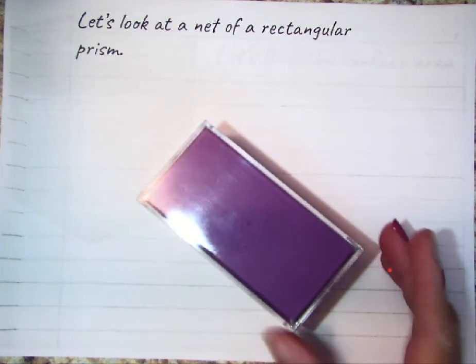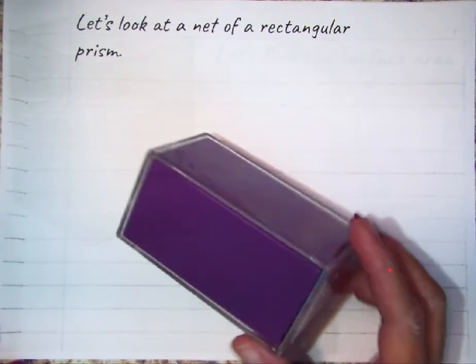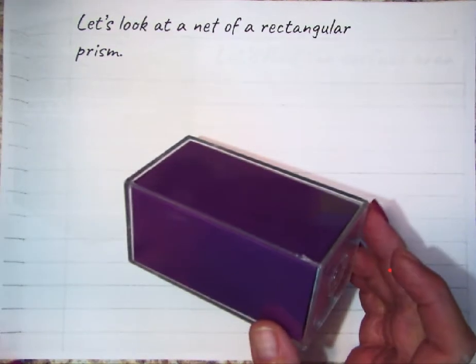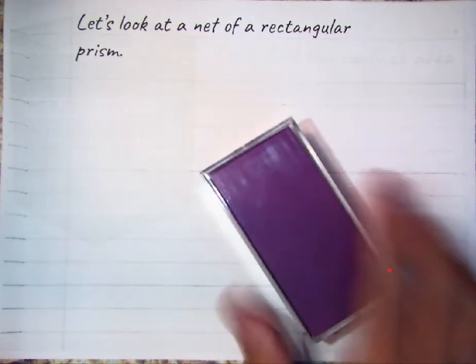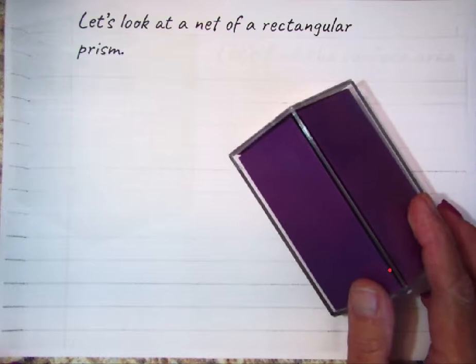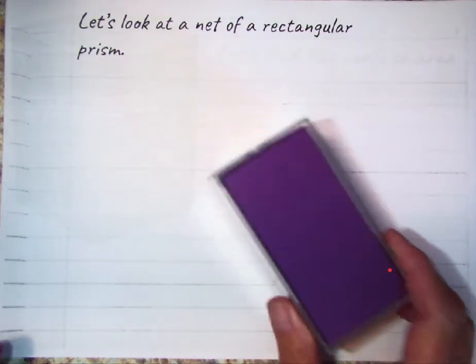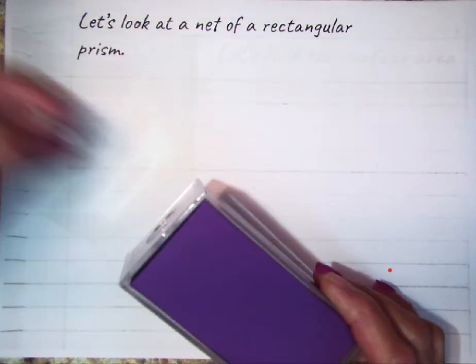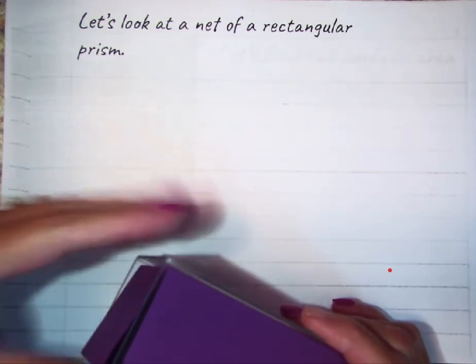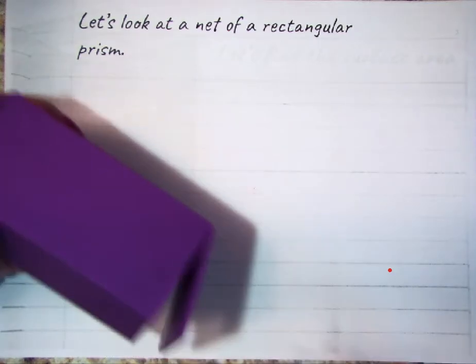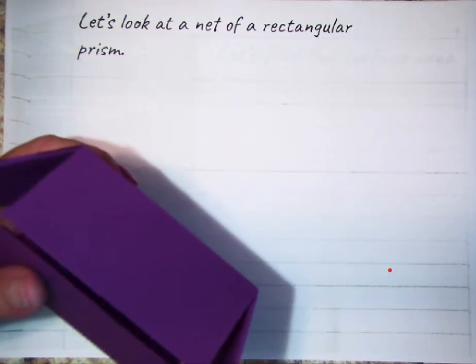So what does a net look like? Well, here is a rectangular prism. You've probably seen one of these before. There are several views of it. I have a hard time with three-dimensional things, and I think most people do. I just have a hard time visualizing.